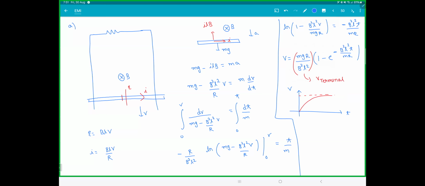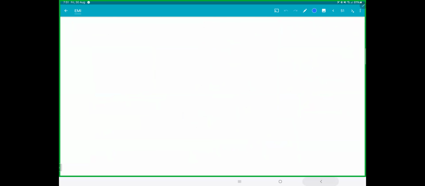Now, if the question is only to find terminal velocity, they didn't ask all this. You want to find only terminal velocity. So listen, there are one or two ways to do this, to just find V terminal. When you reach V terminal, what will happen? At V terminal, acceleration is 0. That means the rod has reached a constant velocity. mg is equal to ILB, a is equal to 0.